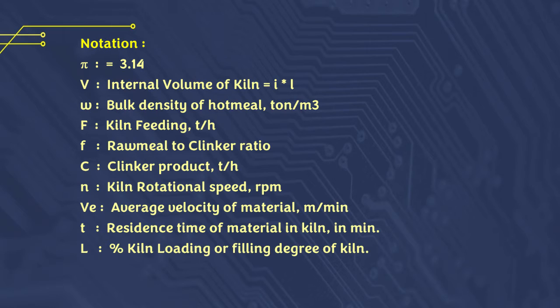F is kiln feeding, in ton per hour. F is raw meal to clinker ratio. C is clinker product, in ton per hour. N is kiln rotational speed, RPM. VE is average velocity of material, in meter per minute. T is residence time of material in kiln, in minute. L is % loading of kiln or filling degree of kiln.